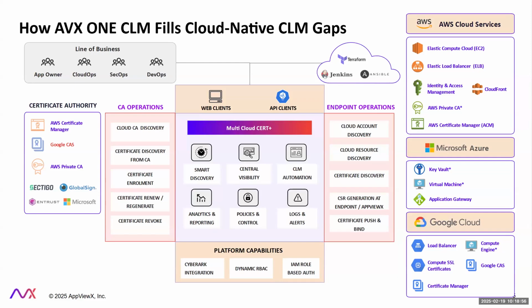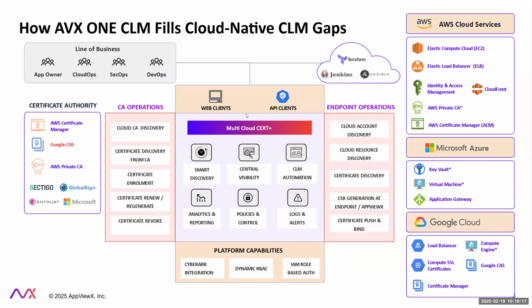Once your application teams like DevOps, app owners, and SecOps are onboarded into AppViewX, you can configure AppViewX in such a way that they have visibility only to the certificates and the cloud accounts they manage. They can manage their own cloud accounts.